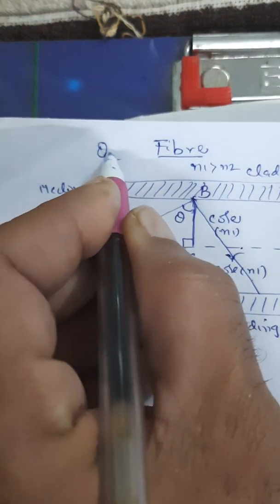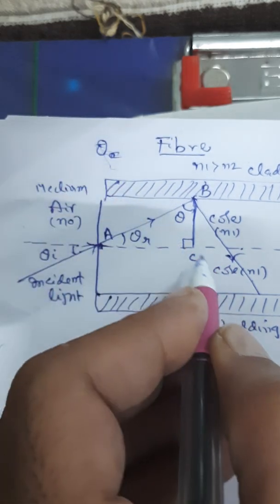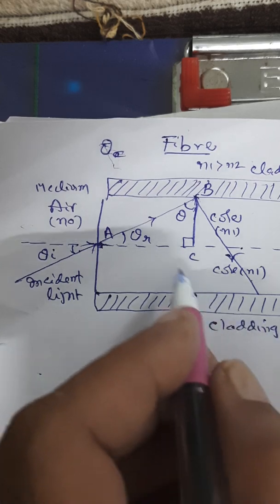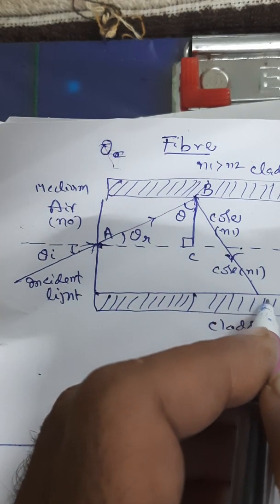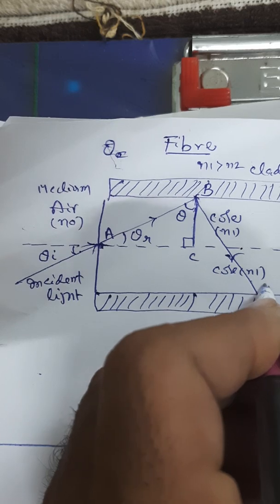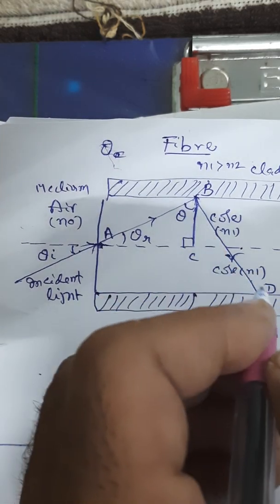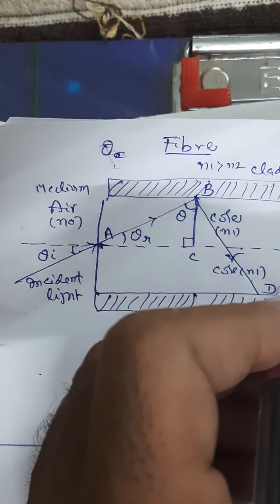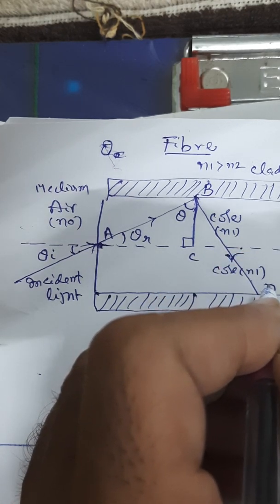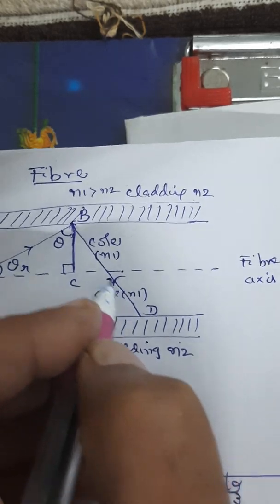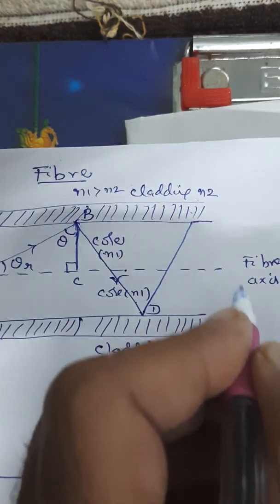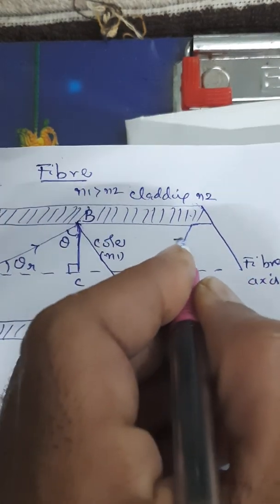When this theta is greater than the critical angle, then the total internal reflection takes place in the core and light takes the path BD. BD is the light path. So from here, due to multiple reflections, the propagation of light ray takes place throughout the fiber. Again from here, it will go here and from there it comes out like that.